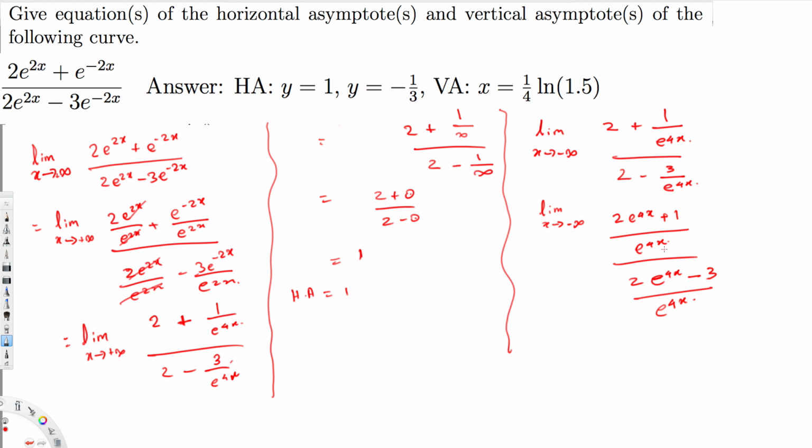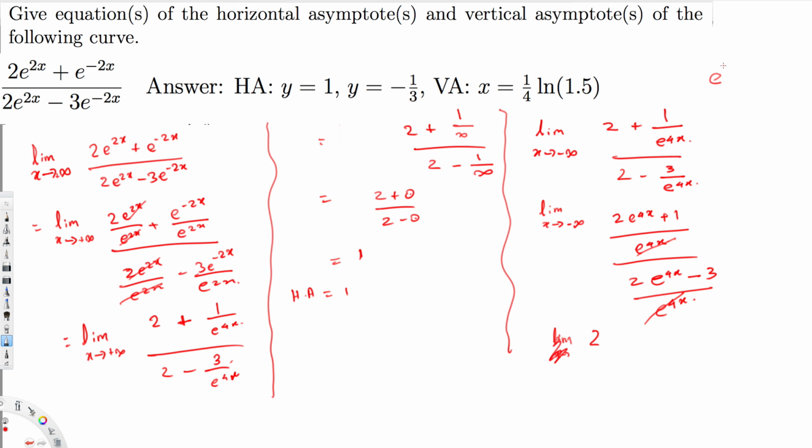Now e^(4x) and e^(4x) cancel each other. If I substitute negative infinity for the x value, then 2e^(negative infinity) is 0.